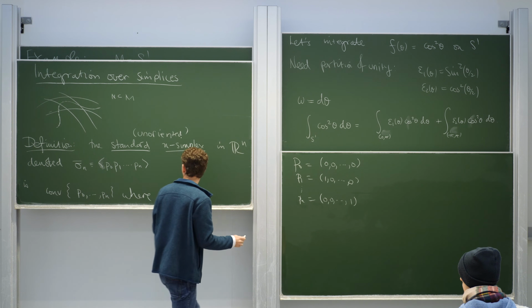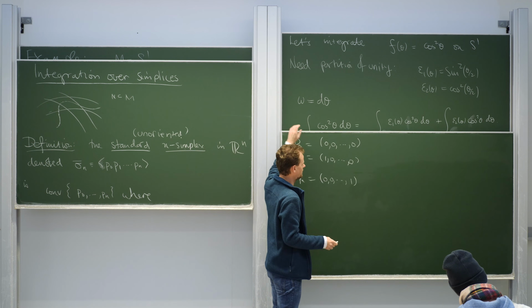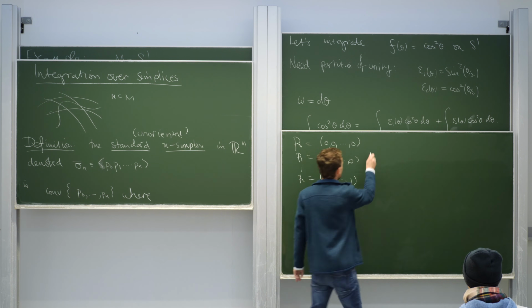And this convex hull means all the points in any convex combination.